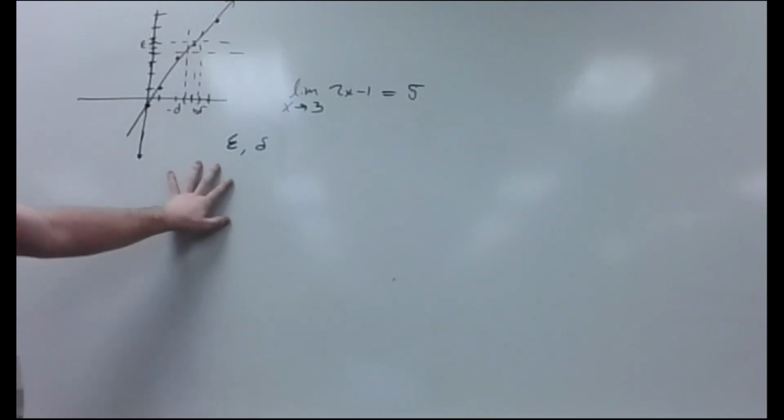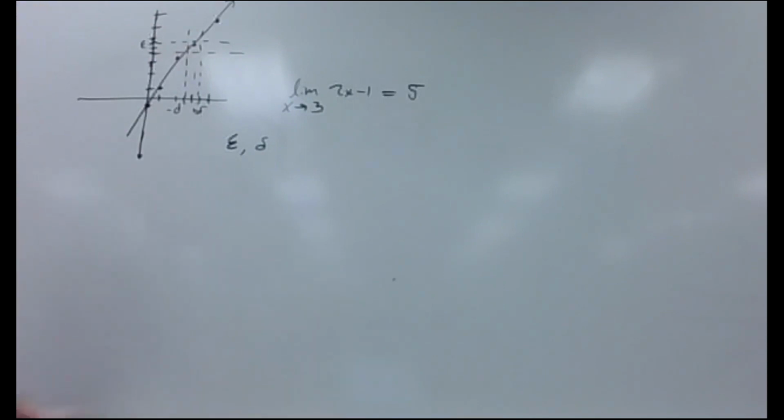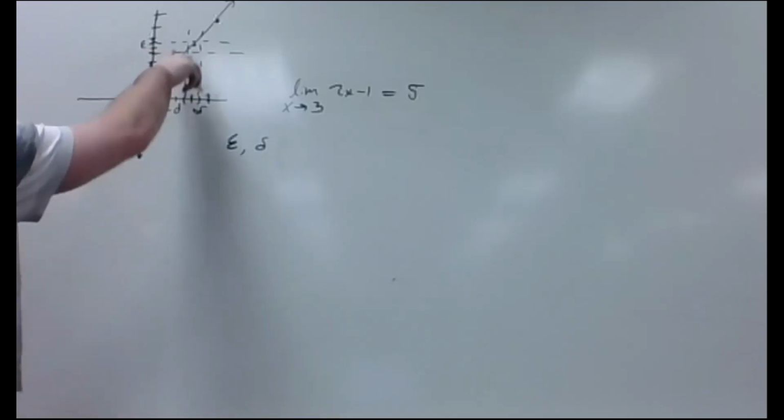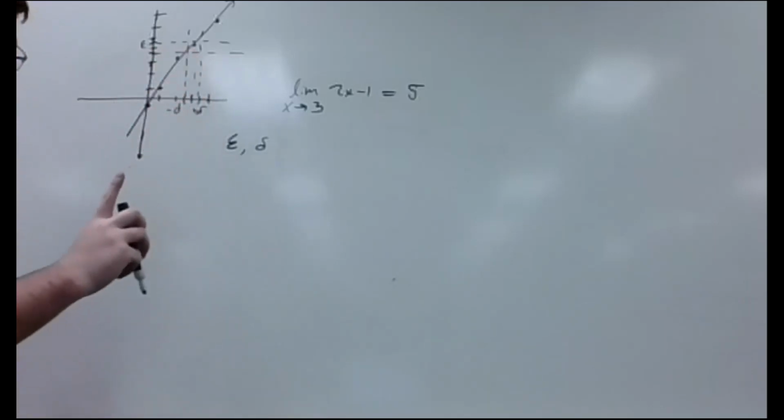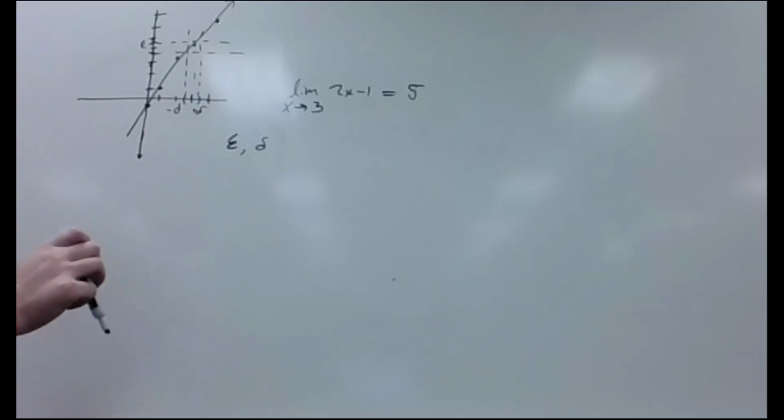So we're going to be really close, and that's going to prove our limit. If we move a little bit to the left of 3, we're still real close to 5. If we move a little bit to the right of 3, we're still close to 5. And they write that in a very elegant way, probably more elegant than I can.